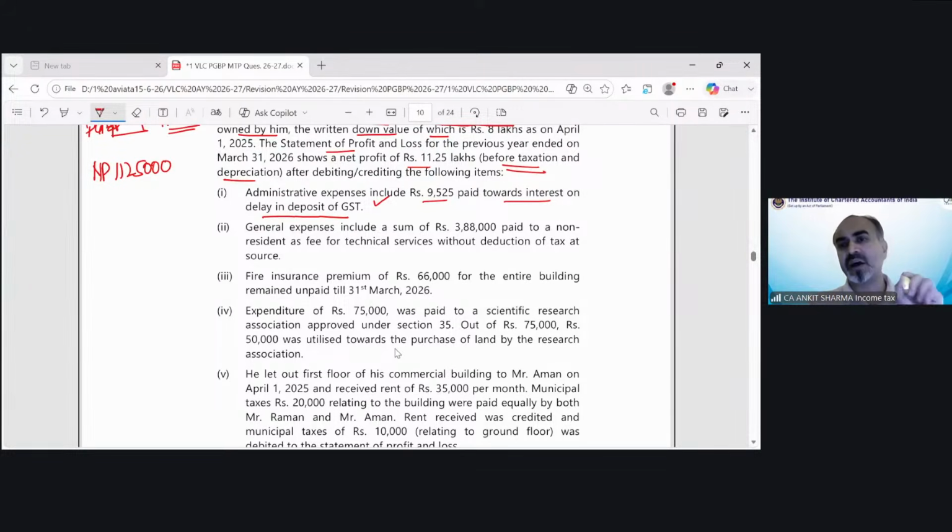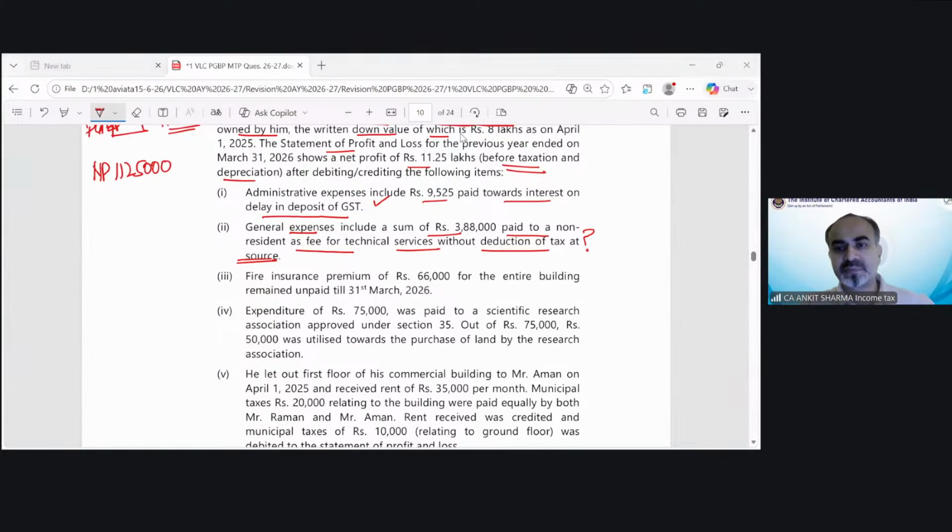Only penalties are disallowed. General expenses include a sum of rupees 3,88,000 paid to a non-resident as fees for technical services without deduction of tax at source. So what is the treatment of this? Whether 30% disallowed, whether 100% disallowed, whether fully allowed, what is it? Girl is saying 100% disallowed. Vishaka also saying 100% disallowed.